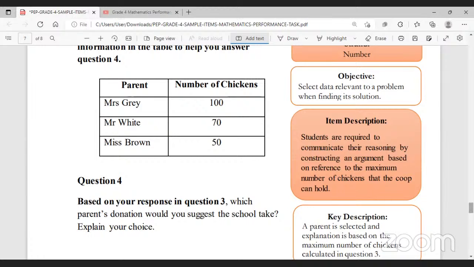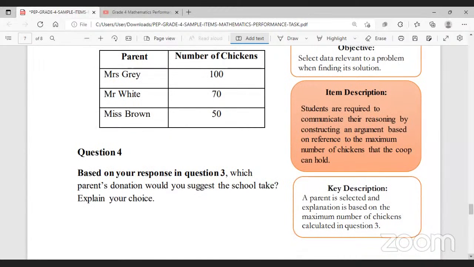So based on the answer that we found in question 2, that there were 80 chickens, and that's the maximum amount of chickens that the coop can hold. We could not take Mrs. Gray's option because that's clearly more than what the chicken coop can hold. We don't need to go as low as 50. We can, because that would leave space for approximately 30 more chickens.